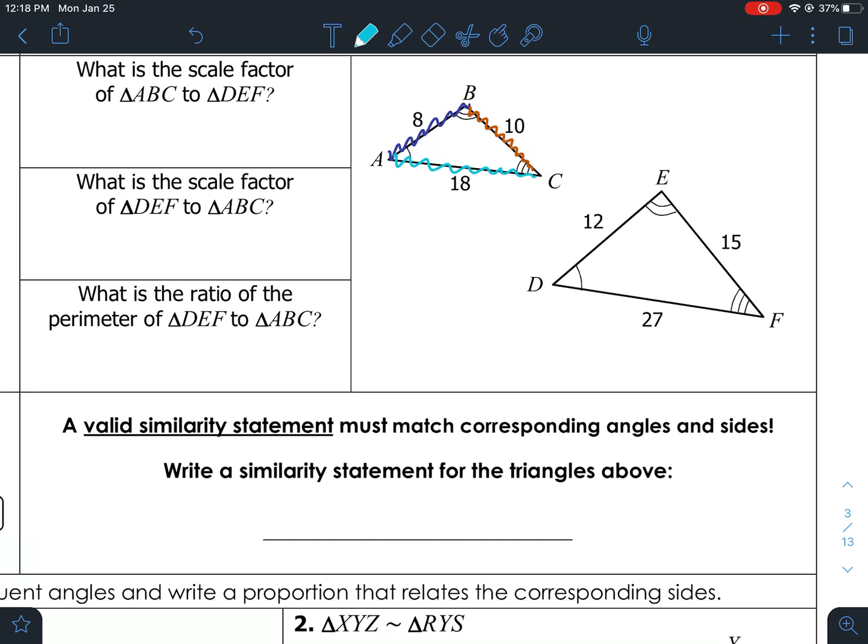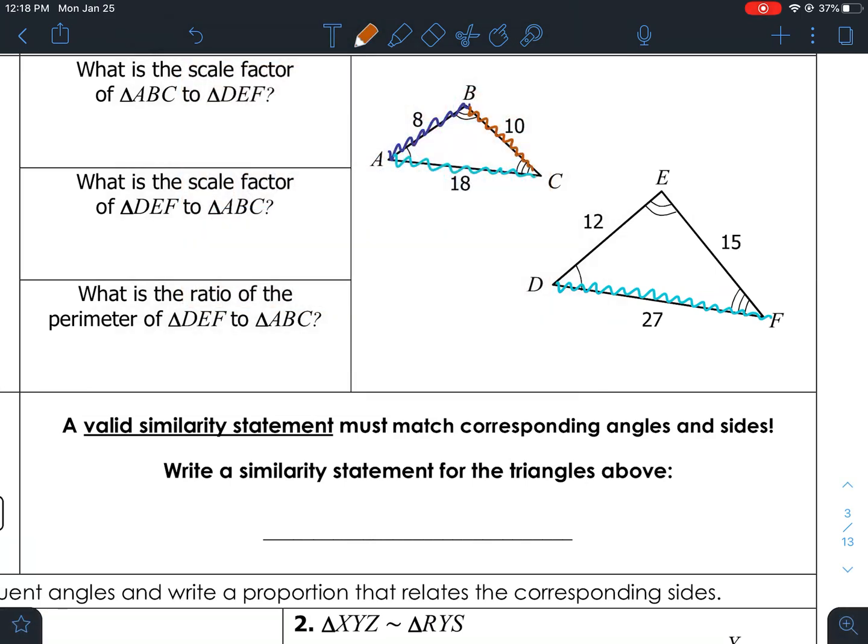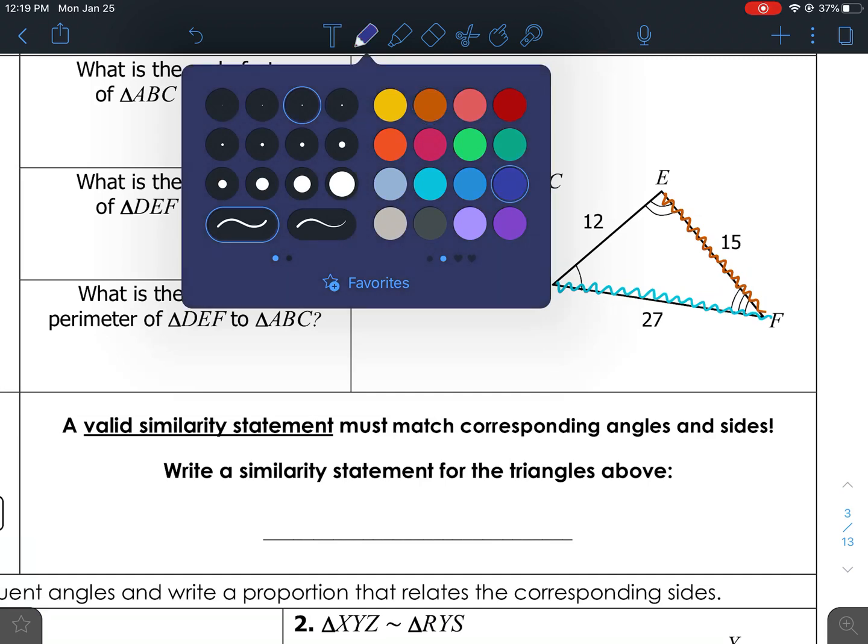So the side that corresponds to AC would be DF. So I'm going to label DF with my light blue. Then that ugly orange, we're going to go with, so that was B to C, so we're going to do E to F. And then finally my third side.